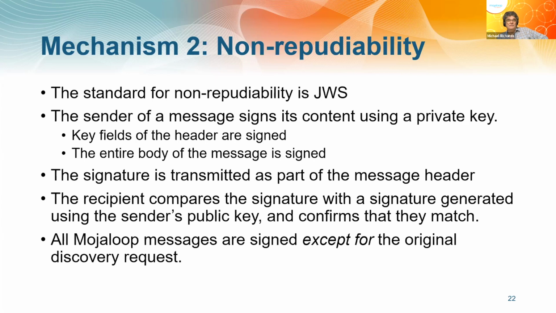What this means is that we have to have special mechanisms if the switch needs to make a change to something. That can be problematic, but it's a price we think worth paying to get this level of confidence that the original person really did send the message and that it hasn't been modified in transit.